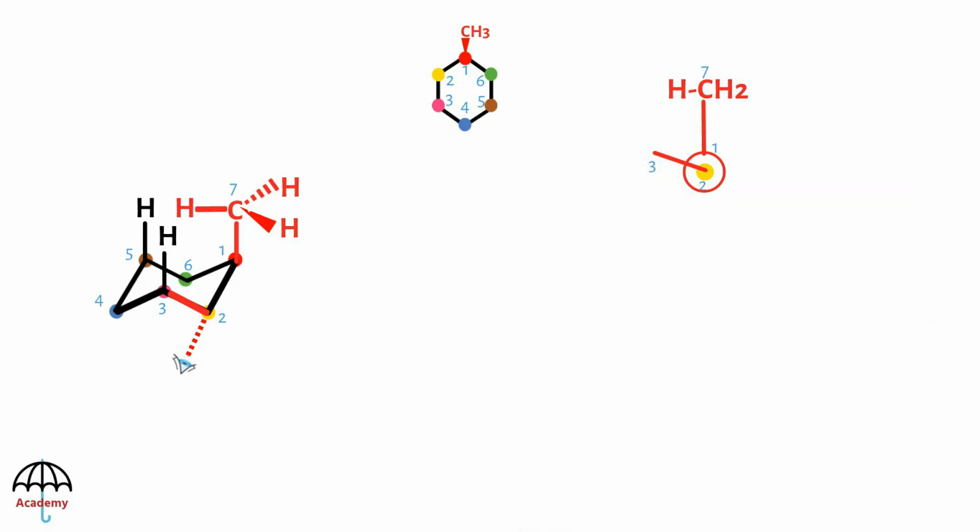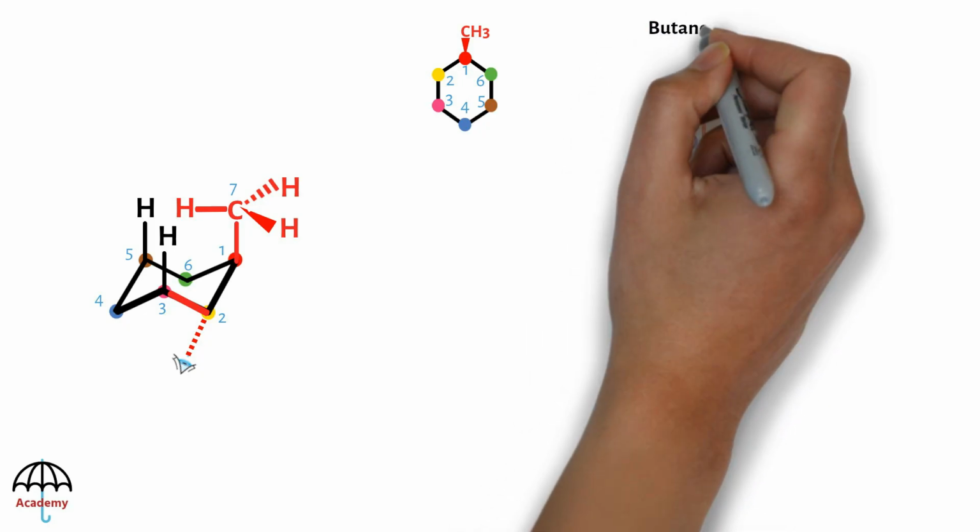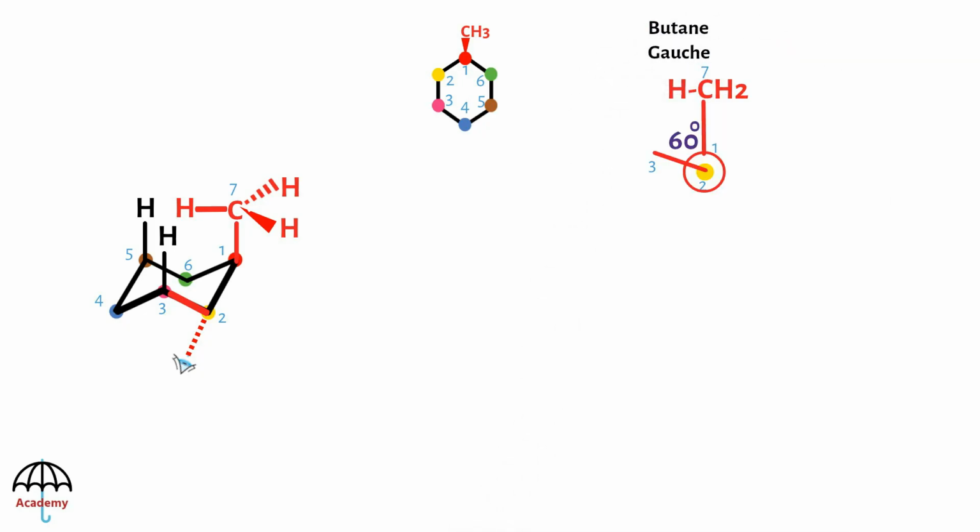The dihedral angle between C3, C2, C1, C7 is 60 degrees. We have seen in our lecture on conformations of butane that this is butane-gauche conformation. Thus, hydrogens on C3 interact with hydrogens on C7.